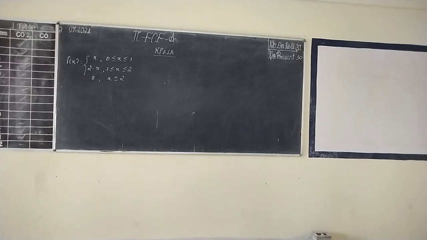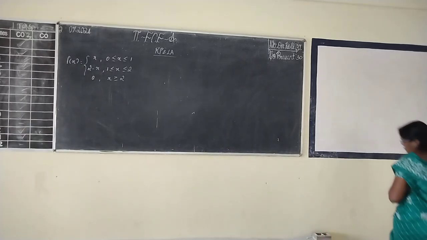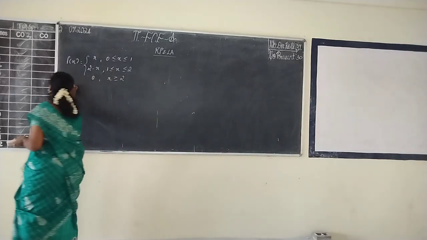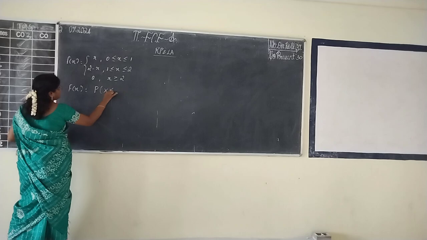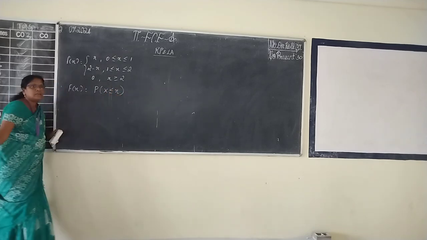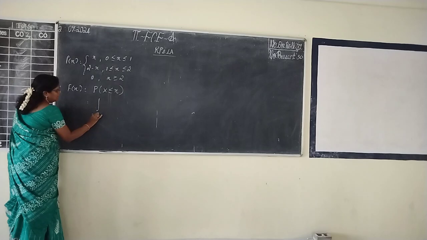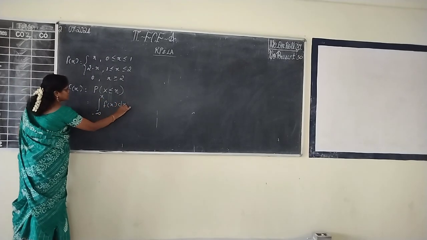Capital F of x is equal to the probability of capital X less than or equal to small x. For continuous, the formula will be the integral from minus infinity to x of f of x.